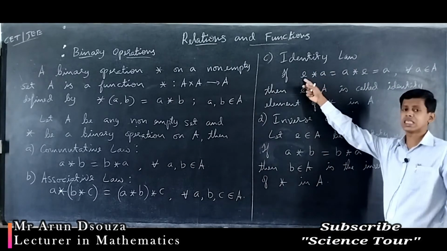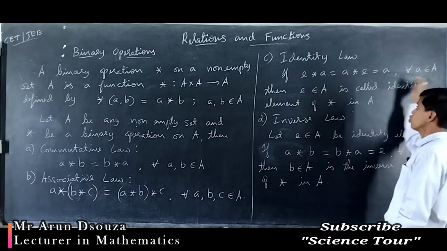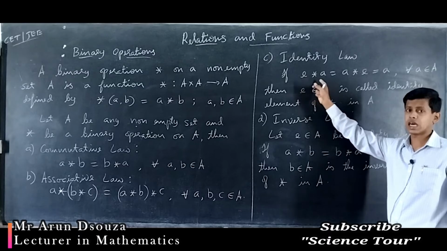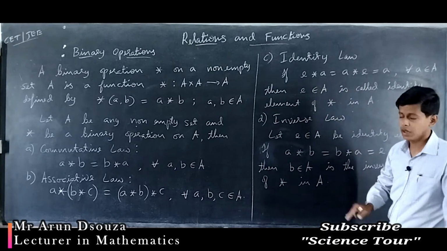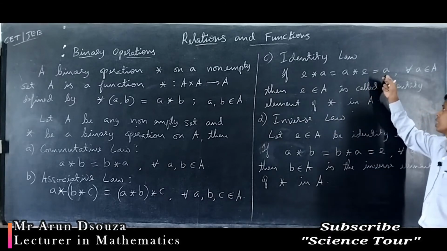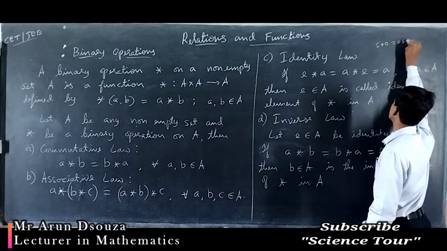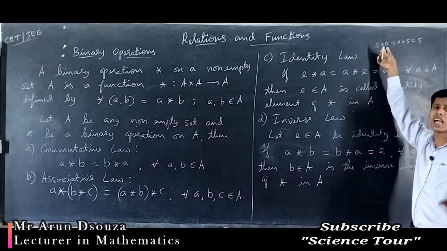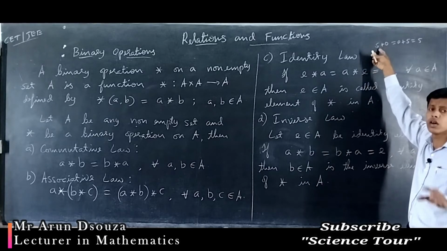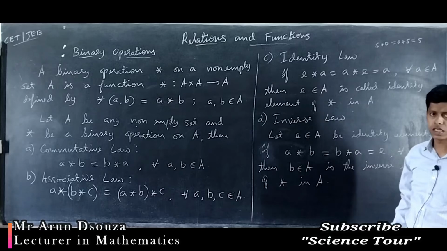See, an identity element e must satisfy this rule: e star a must be equal to a star e, so first of all it must be commutative, and then that must be equal to a. So for example, 5 plus 0 is equal to 0 plus 5 is equal to 5. So 0 is the identity element for addition in integers.